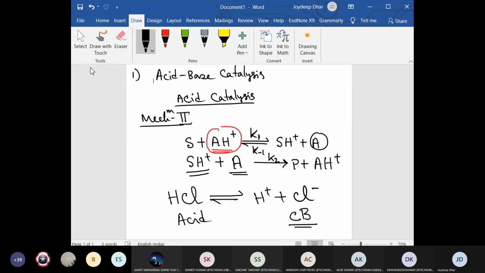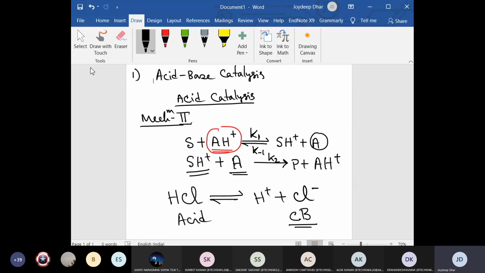Okay, so this will also lead to general acid catalysis. In the same way you can see the base catalysis also.